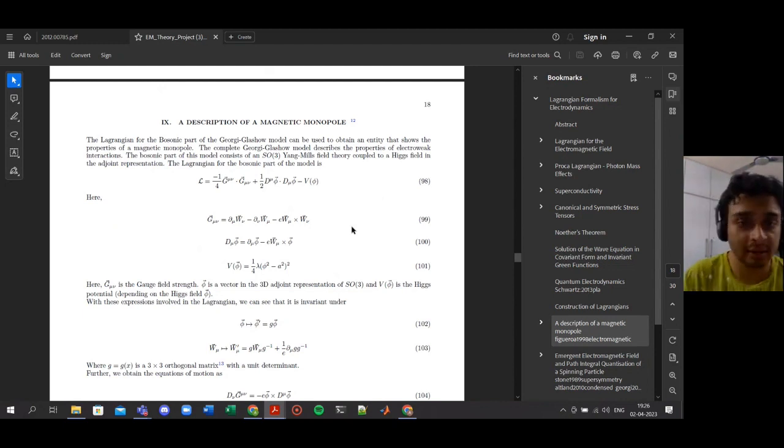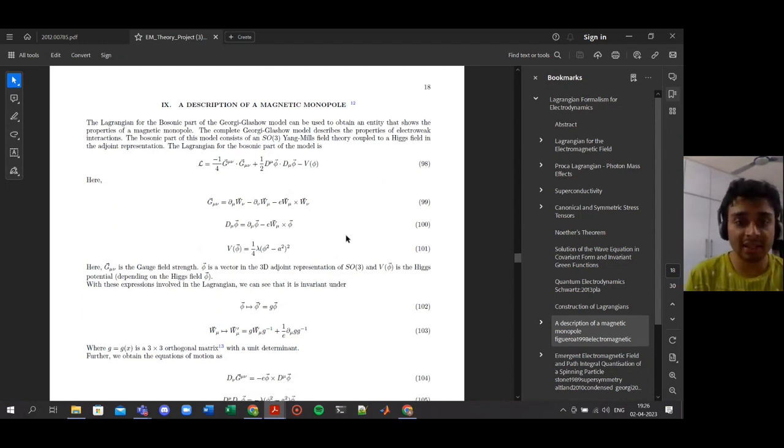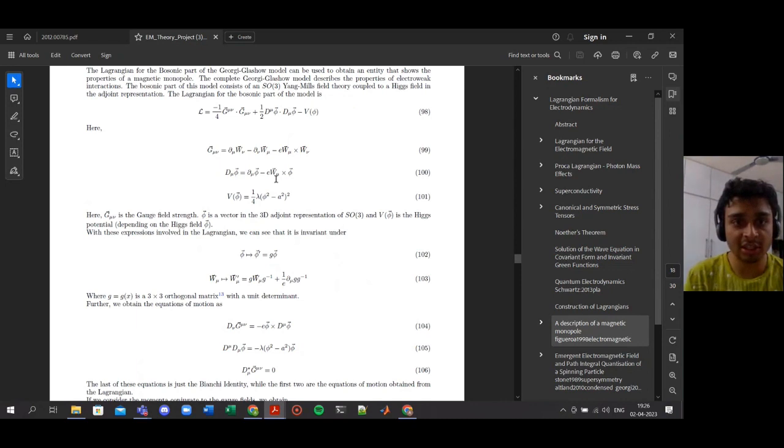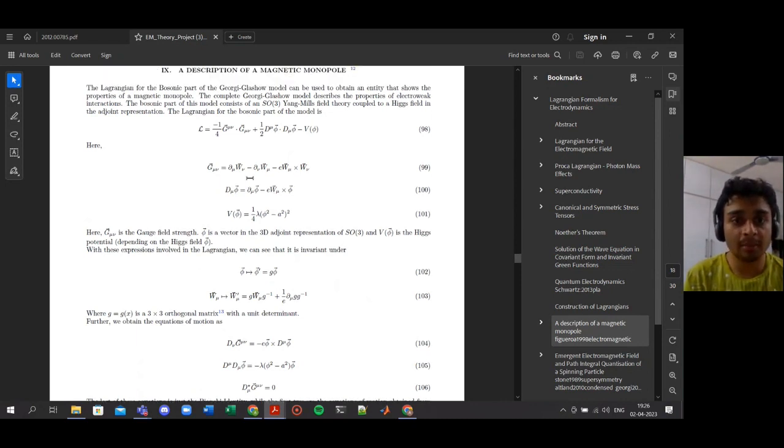That is why I've used the vector sign, where you can see I've described all of these potentials and terms. Here, W_mu vector has 3 components: W plus, Z, and W minus, which are the gauge fields, and phi is the Higgs field. As I've written here, this is in the 3D adjoint representation of SO(3).